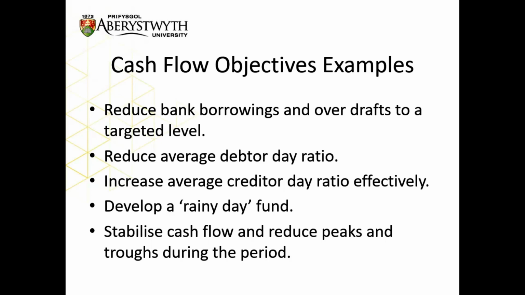Increase the average creditor days ratio, so seeing if you can effectively delay when you pay your creditors. Develop a rainy day fund, so you've got some cash that you can draw on should anything unexpected take place. Another objective is to stabilise the cash flow and reduce peaks and troughs during the period.